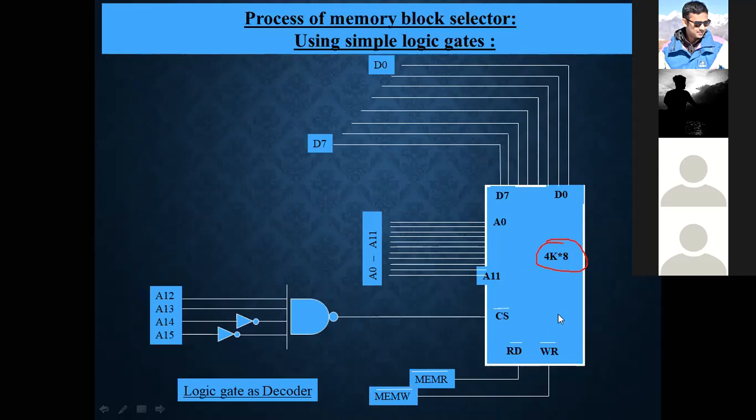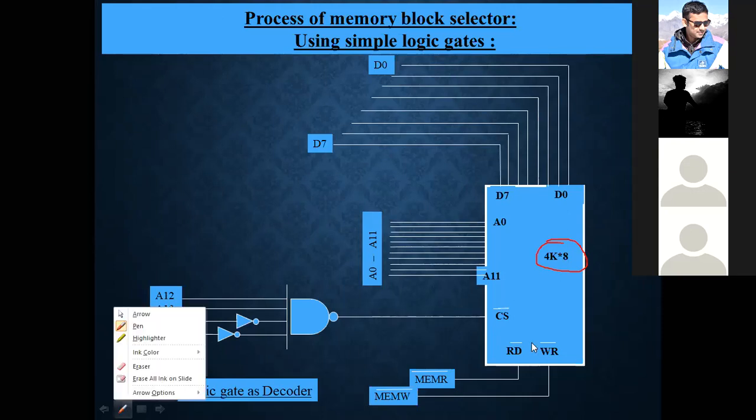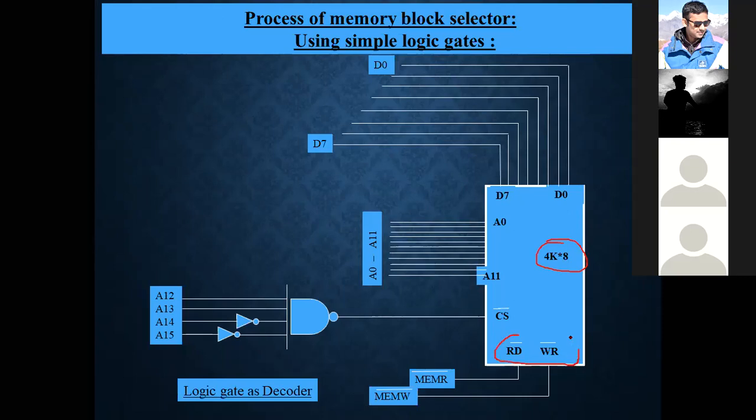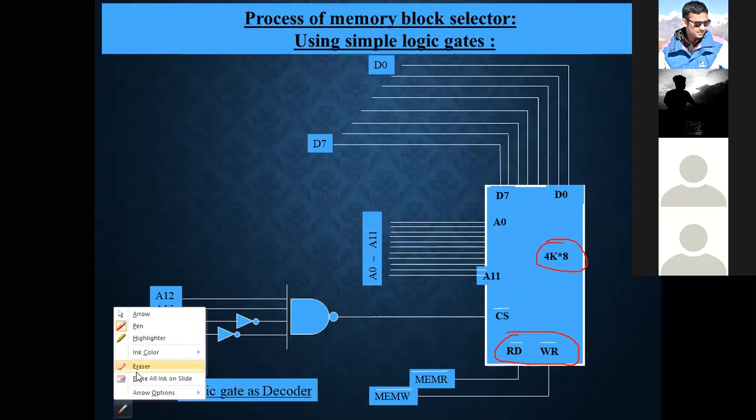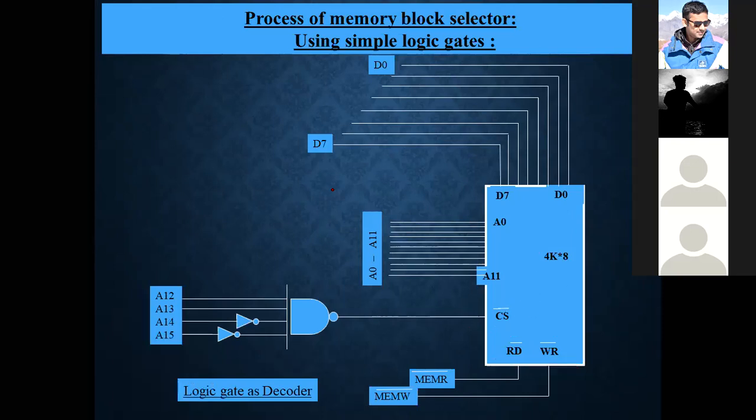Very good. So what is this in the figure? Sir, RAM. Why? Sir, read and write both are present here. Yes, so read and write both are present over here, so this is the RAM. I'm erasing all the things, so look into the copy.